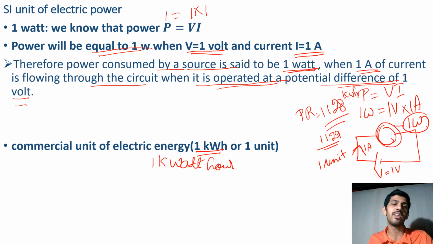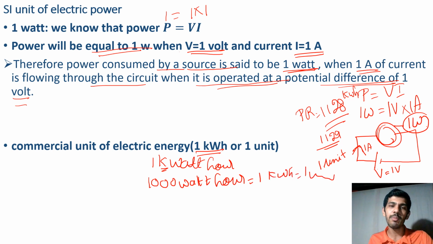What is the meaning of this? 1 kilo means 1000, so 1000 watt hour is equal to 1 kWh or equal to 1 unit. That means you have to use a power of 1000 watts for 1 hour. Then your meter reading will go from 1128 to 1129.